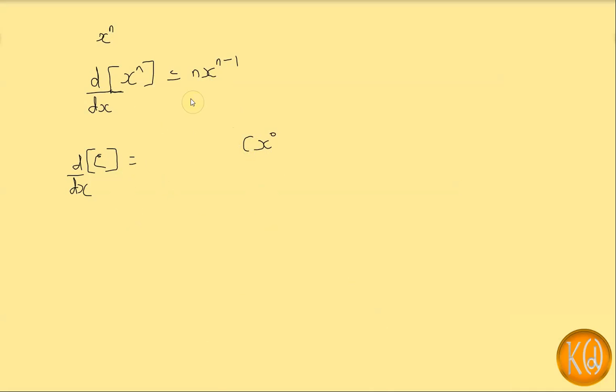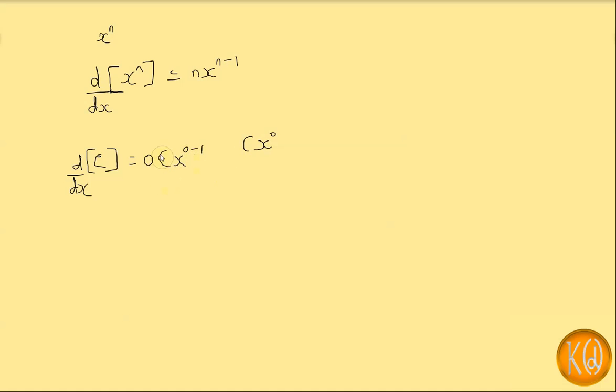Okay, so we would first multiply by the power on the x term, so that would be 0 c x, and the x is going to be to the 0 minus 1.